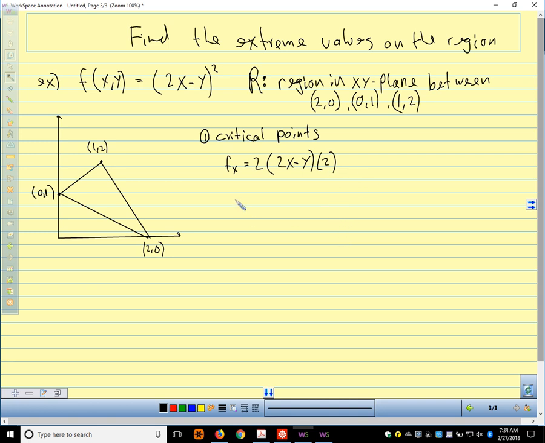And f sub y is 2 times (2x - y) times negative 1. And we want these to be 0. f sub x equals f sub y equals 0. Well, when are those two equal to 0?